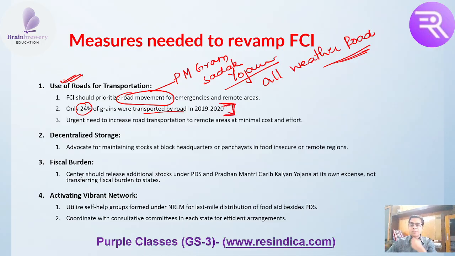Road is the only transportation which brings the food grain to the remotest areas at minimal cost. So road transportation has to be used more and more rather than other transportation.